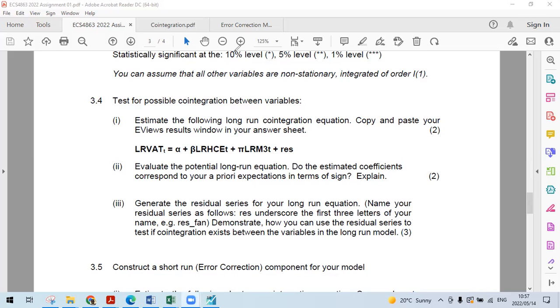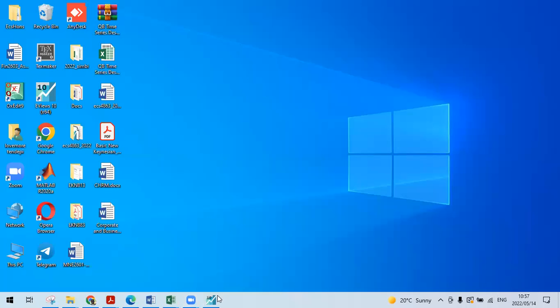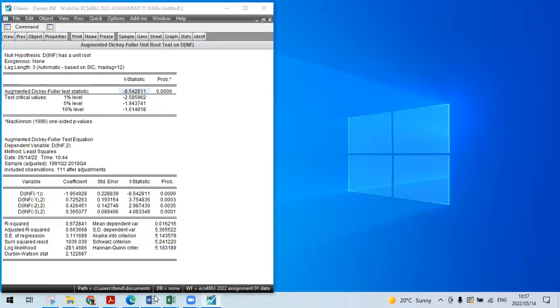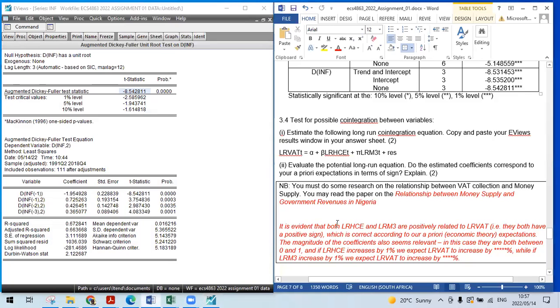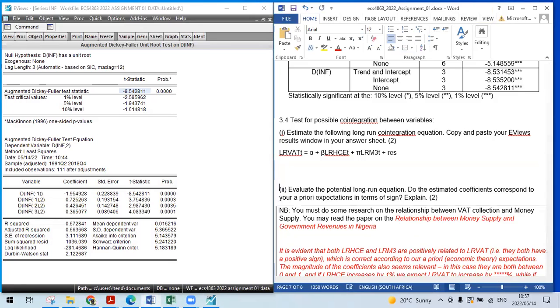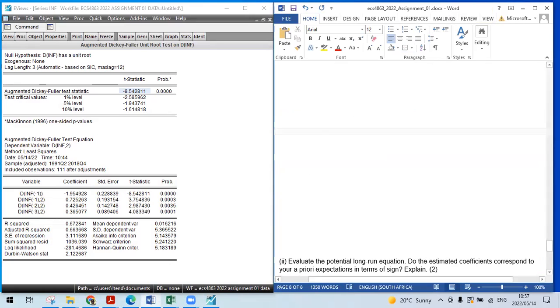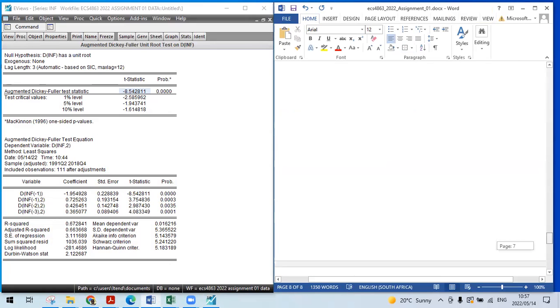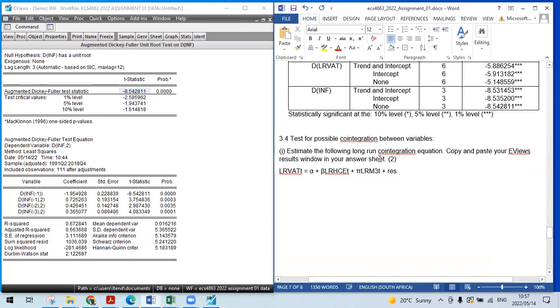I'm having my EViews as well as my stuff here. Now, we want to estimate the long run co-integration equation, and we have to paste it here.